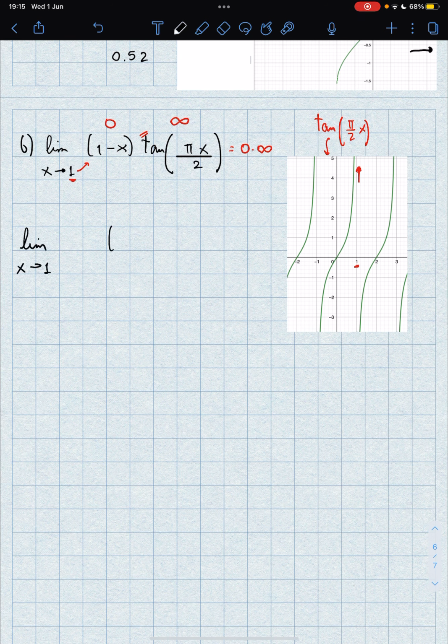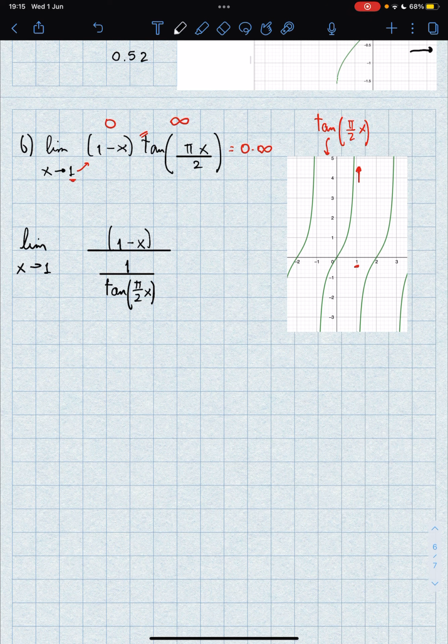I'm going to have, watch out here, 1 minus x divided by 1 over tangent of pi over 2x. This is the same that we have here, tangent of pi over 2x multiplied by 1 minus x. I'm not doing anything wrong.